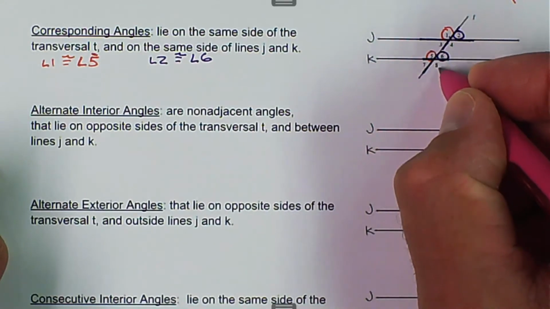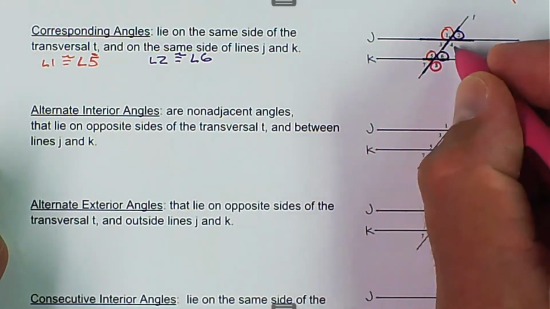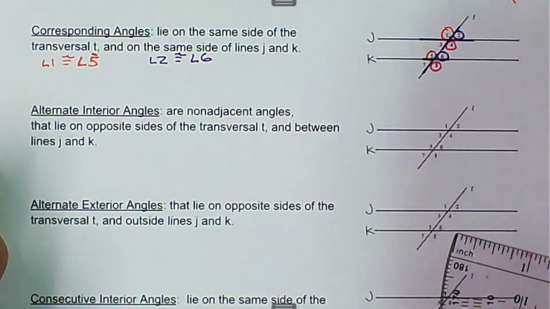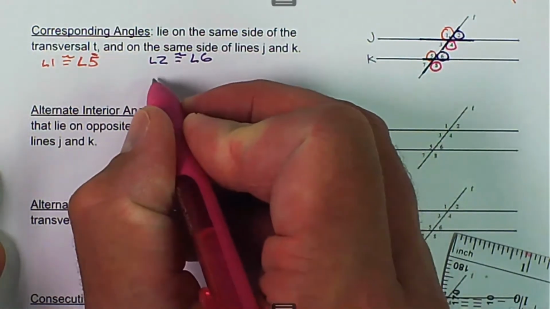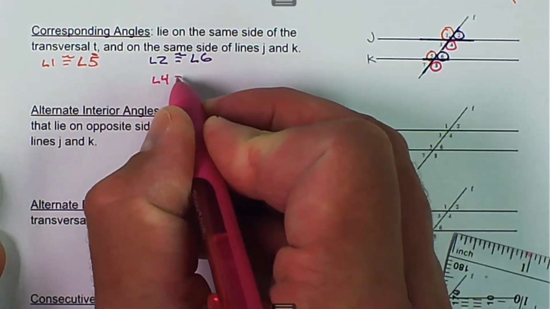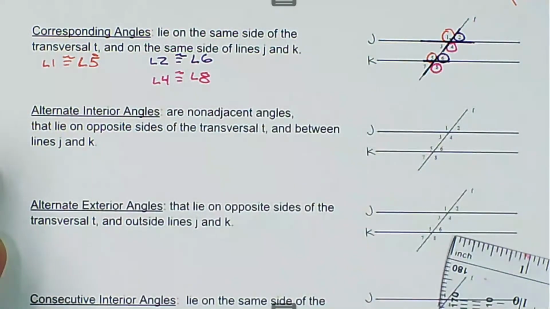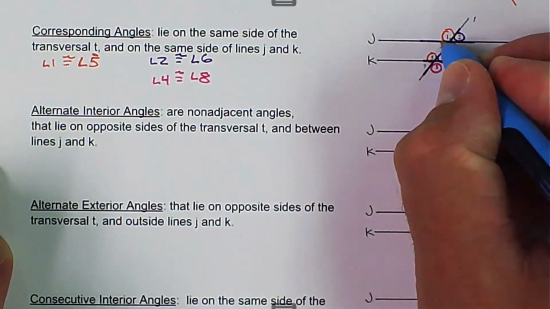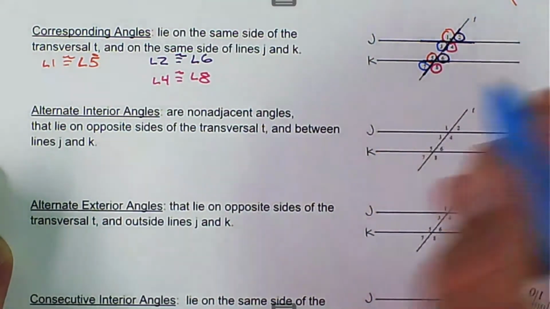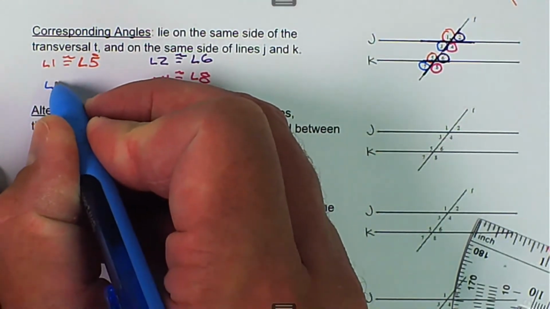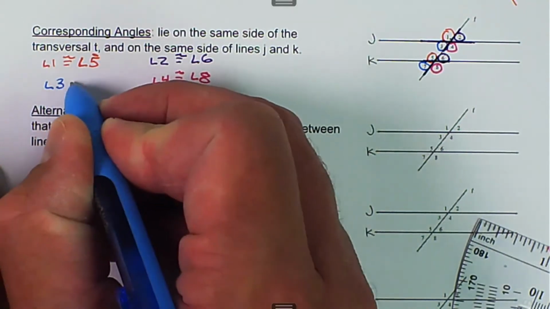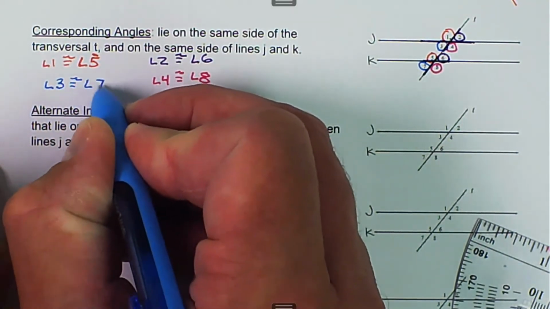So we're at this intersection, we're thinking bottom right here. So we have angle 4 and angle 8. Angle 4 is congruent to angle 8. And the last one, we have this light blue, and this is bottom left and bottom left. So angle 3 is congruent to angle 7.